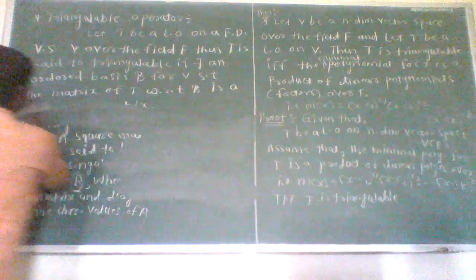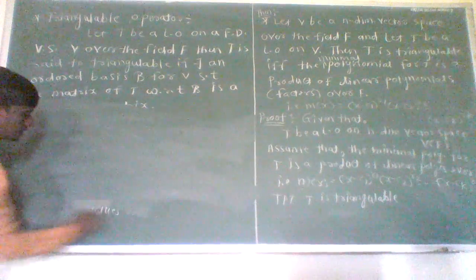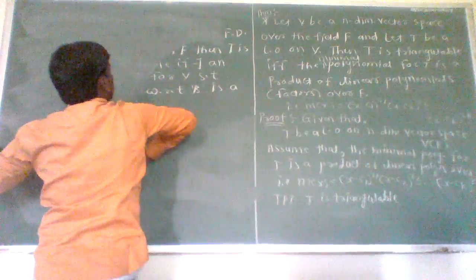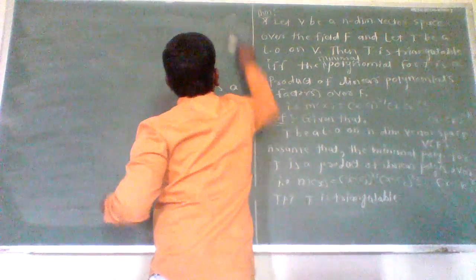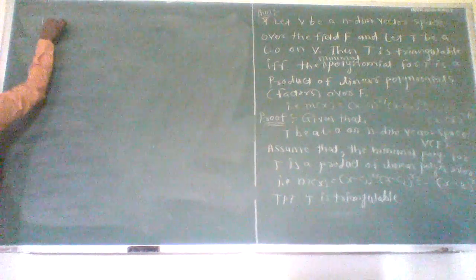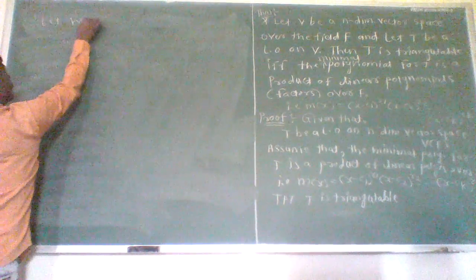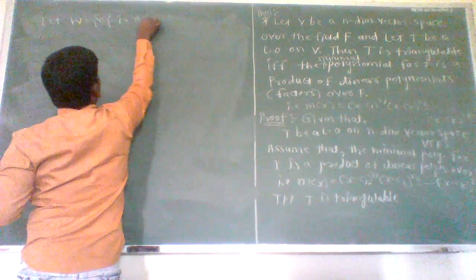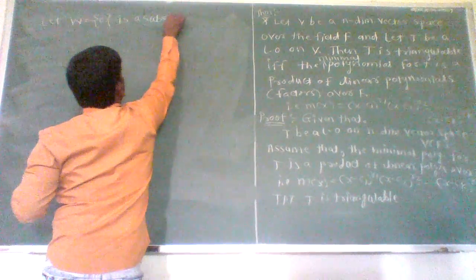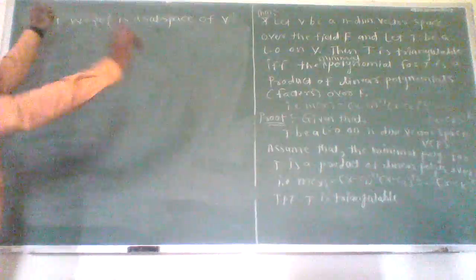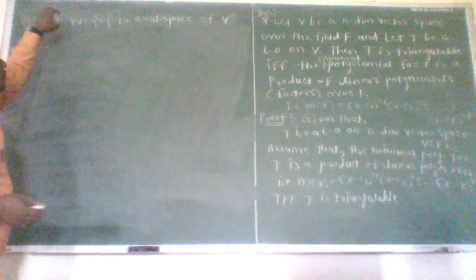Now let W equal to singleton 0 be a subspace of vector space V, since every vector space always has a zero subspace.